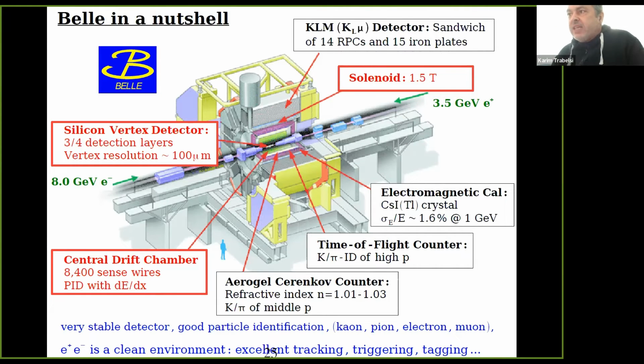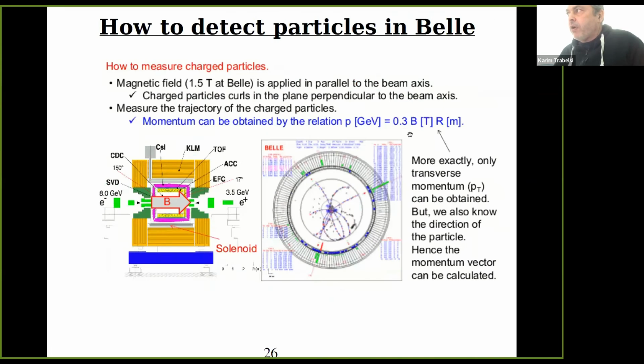And the silicon vertex detector is at the center, a few layers of very precise hits, which allow you to reconstruct the vertex, the decay point of the B decay, with a resolution of typically less than 100 microns. And all within, of course, a solenoid.